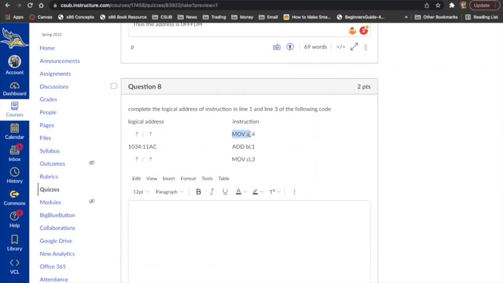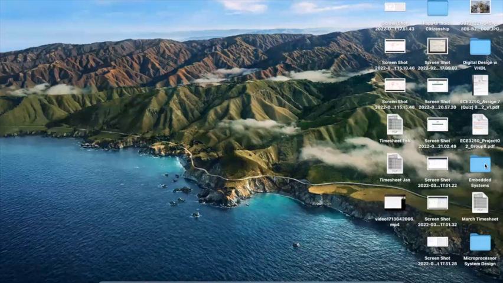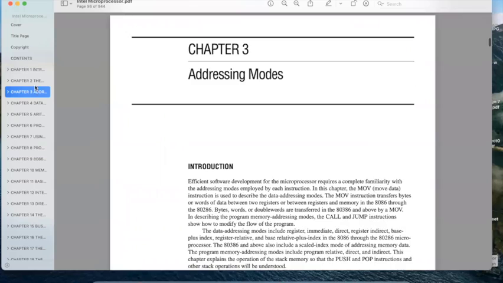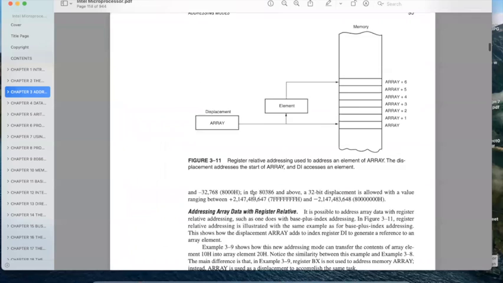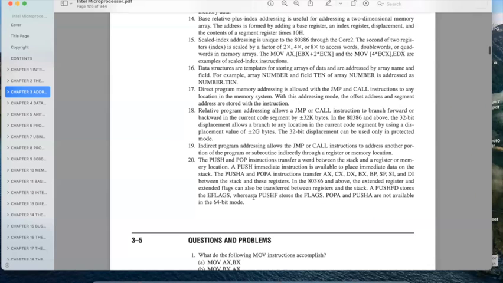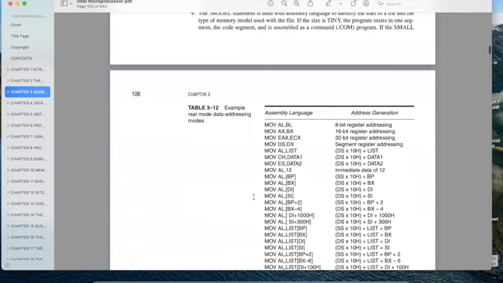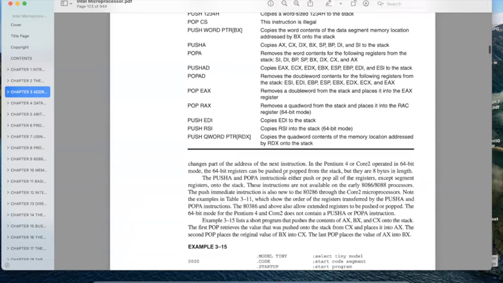A move instruction like this, if you look at your book, I think it's in chapter 3. Yeah, they have address generation.